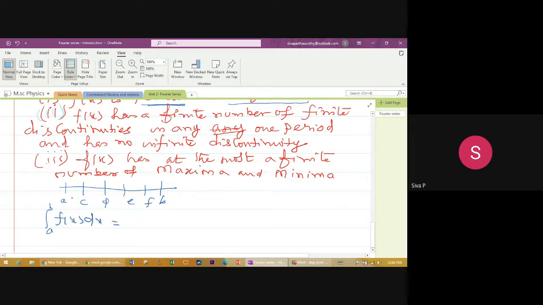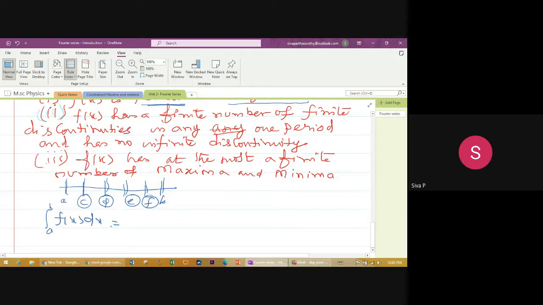Integral over a to b f of x dx can be written as, if I am able to write in the middle, I can add a lot of subintervals. Those intervals are called subintervals.